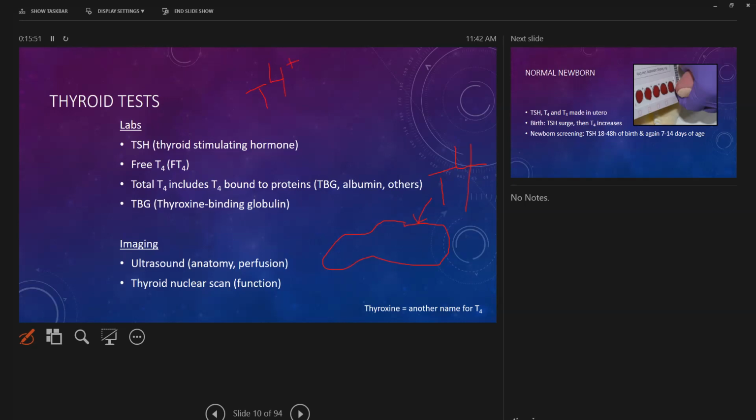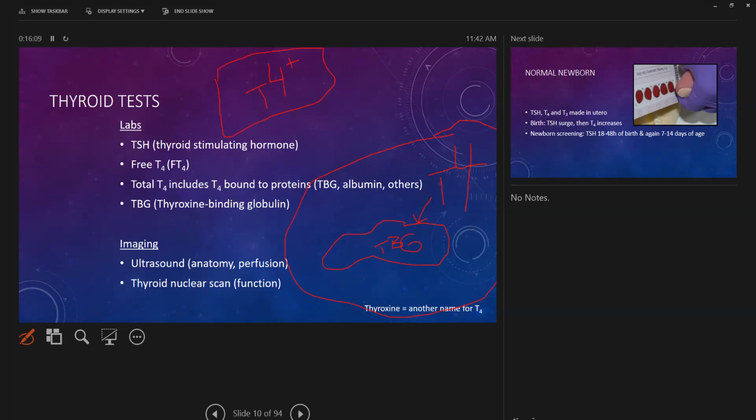So this would be TBG. This is bound T4. And then we've got free T4.